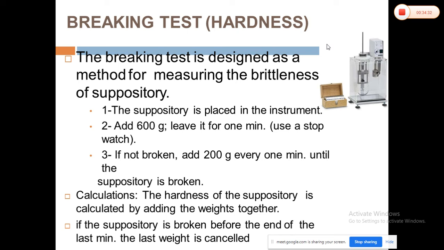If the suppository is not broken, then you add 200 grams of weight and wait for 1 minute. Then you calculate the ultimate added weight, and whatever weight is required to break the suppository will be your hardness, or the pressure required to break your suppositories.